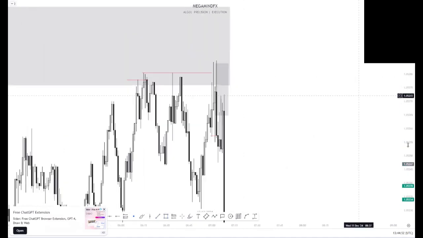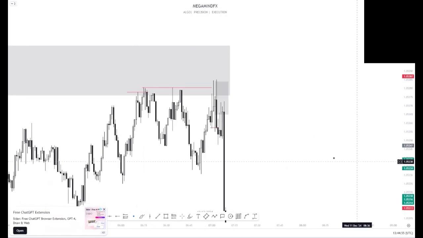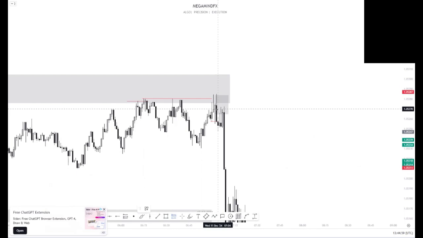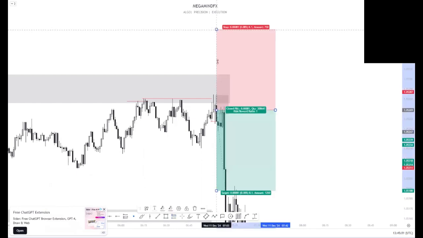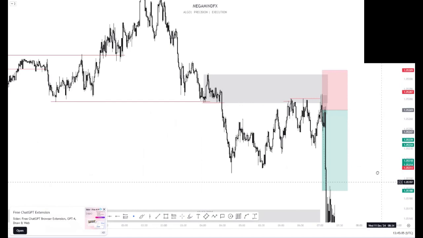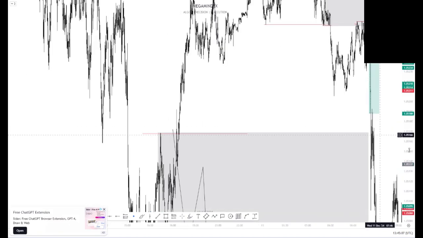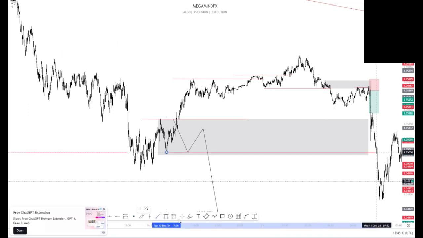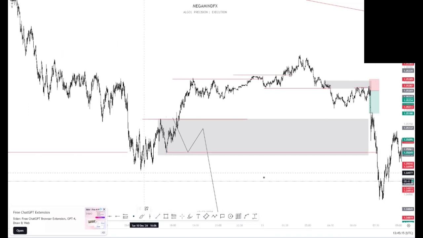Correct? I say 4 pips, we are good to go. And where are your targets? H1 level. This is an H1 structure. This level, this level.